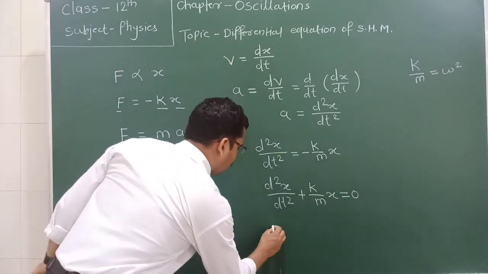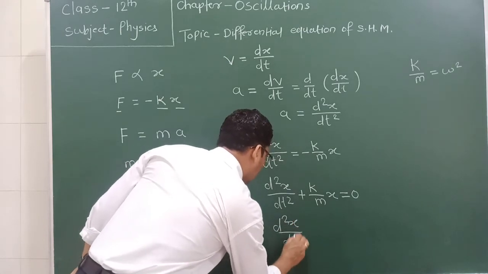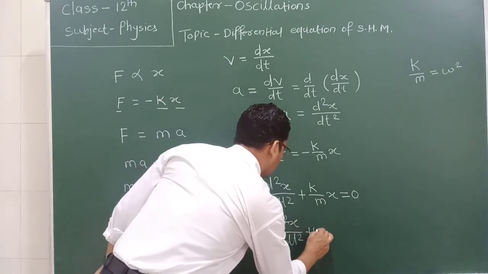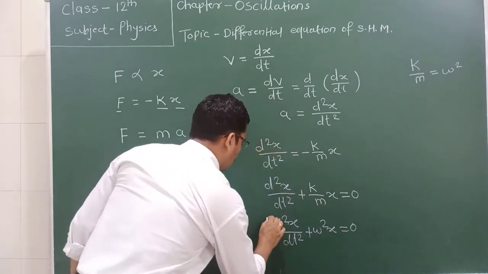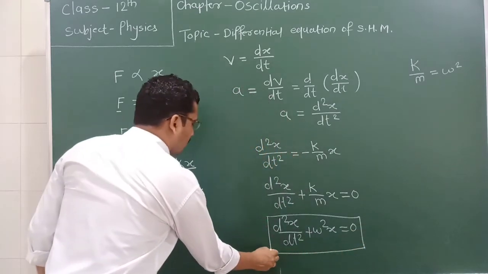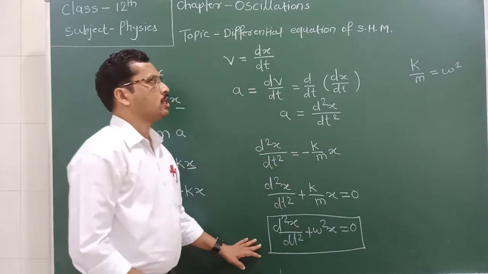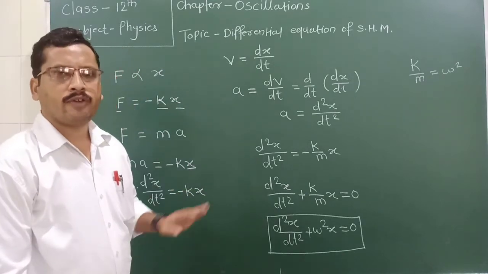Therefore this equation becomes d2x by dt square plus omega square x is equal to 0. So this is the required differential equation of the simple harmonic motion. Very simple.